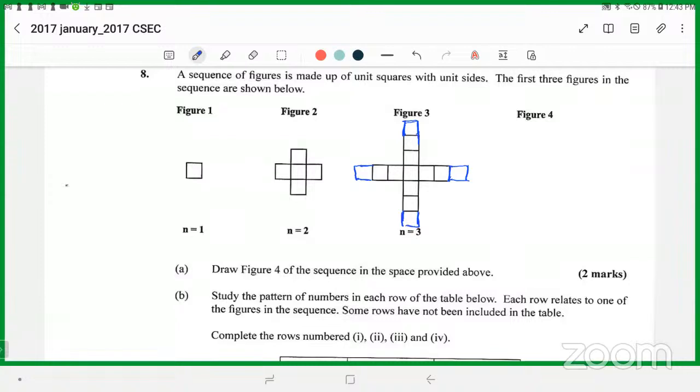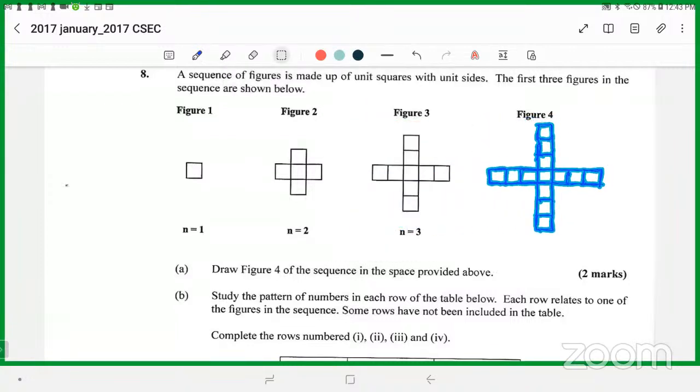So let's copy this one and do it. So that will be my figure 4. Nice and easy, figure 4.